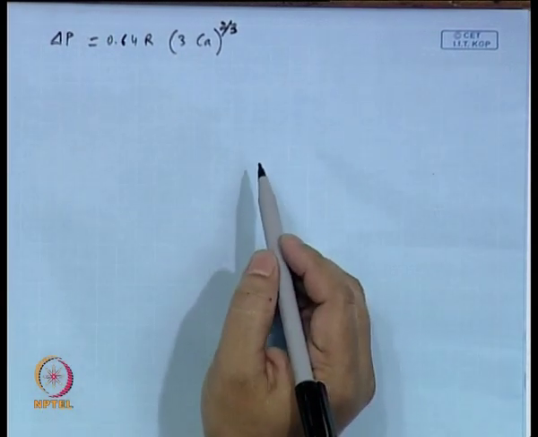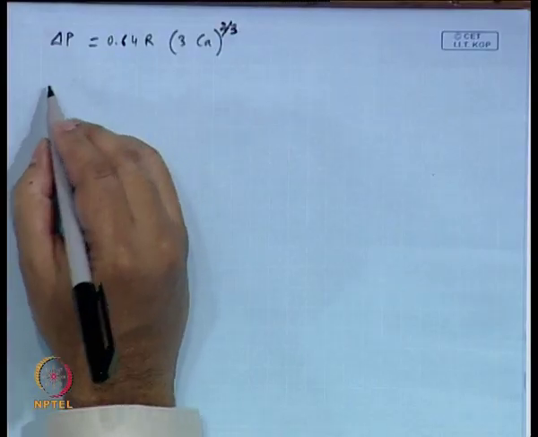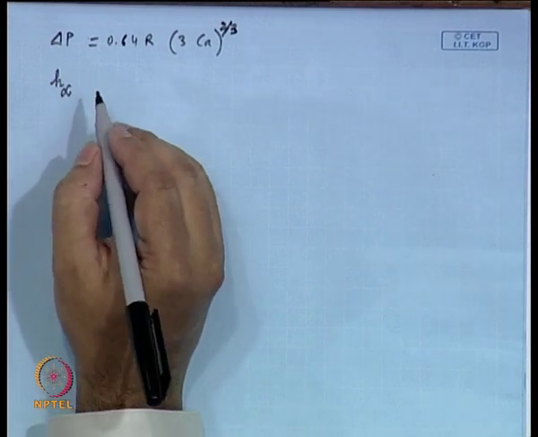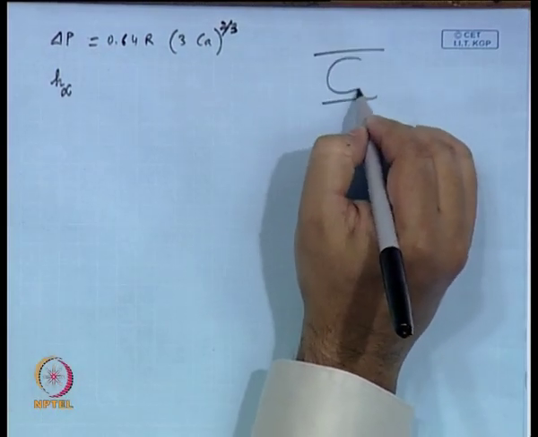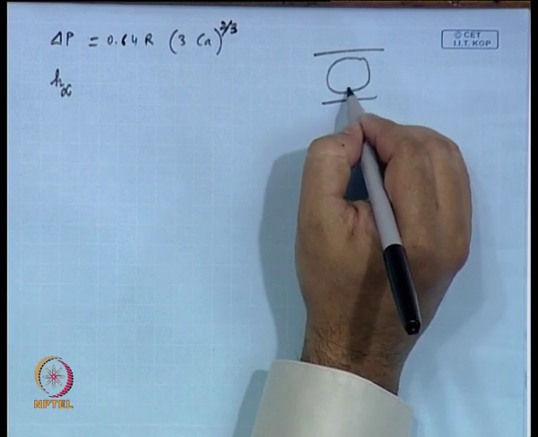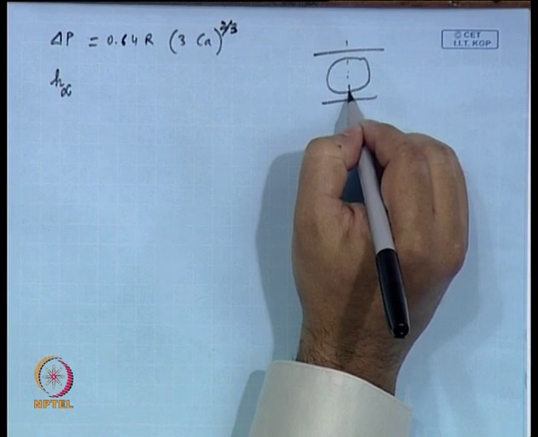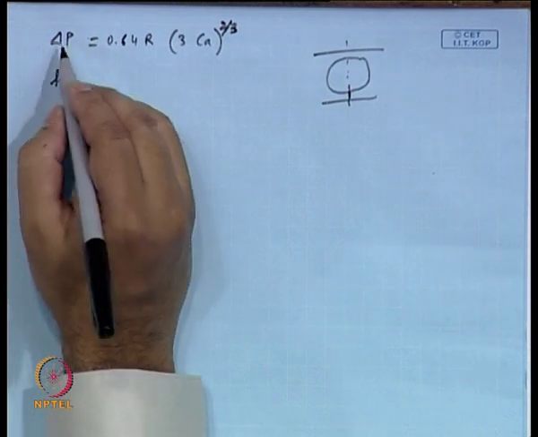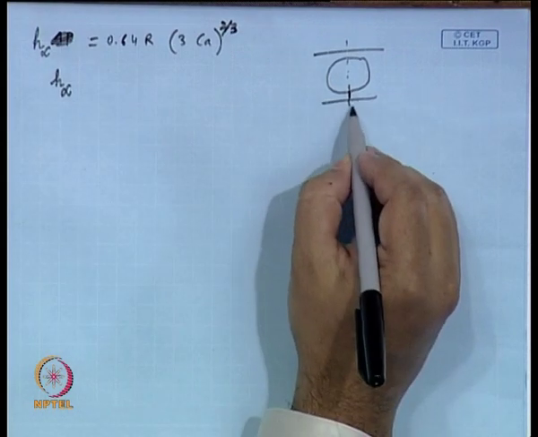So, if somebody wants to find out what would be the pressure drop in a microchannel, this would be the pressure drop, and the thickness of the annular liquid layer at the mid plane. That means, if this is one axisymmetric bubble placed in the microchannel, then the thickness at the mid position of the bubble, this thickness of annular liquid layer, that is referred to as, oh, I'm sorry, this is not delta P. I wanted to say this as H infinity, that thickness.